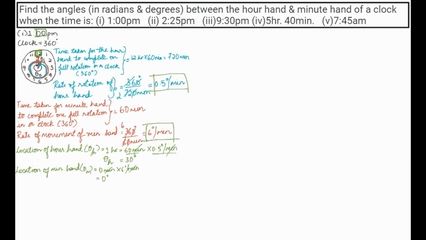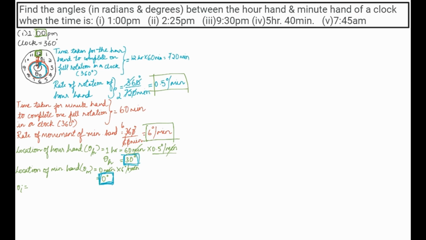So next let us find out our inner angle, that is theta I. In order to find that, from the obtained data, we can see that our hour hand has moved further than our minute hand. So when we subtract the lowest degree, that is the location of our minute hand, from the highest degree, that is the location of our hour hand, we can find the angle in between our minute hand and hour hand.